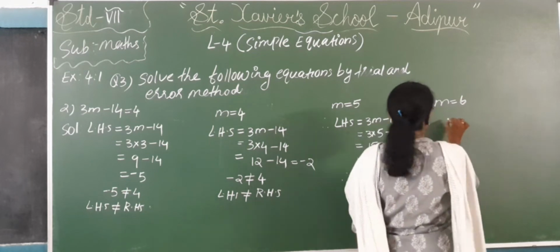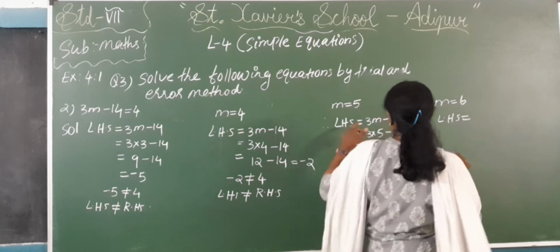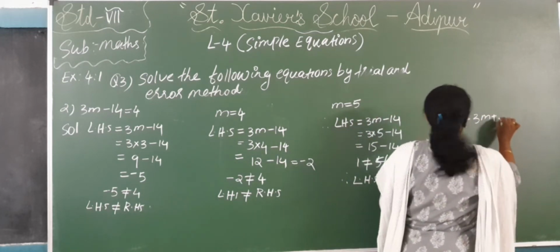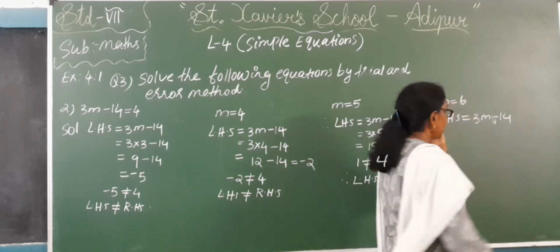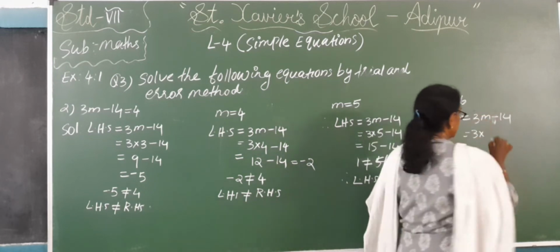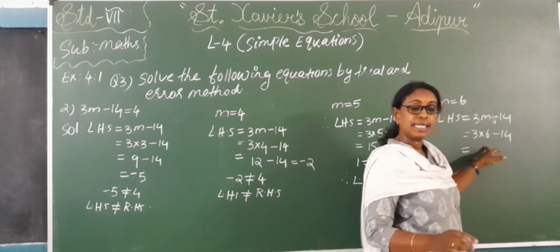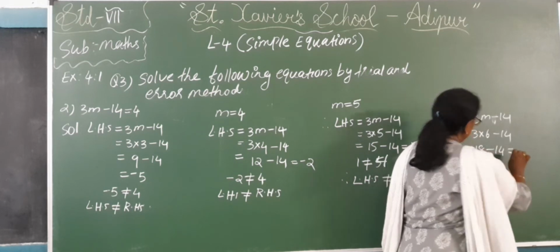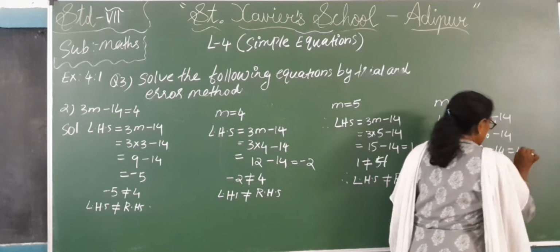Okay, and next let m is equal to 6. So LHS is equal to 3m minus 14. 3 into m, which is 6, minus 14. 6 threes are 18. 18 minus 14 is 4.